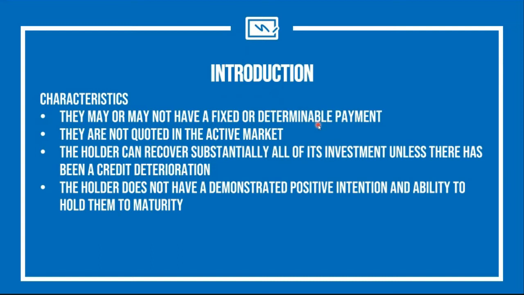So may not is also possible. The fixed or determinable payment may be gone, but still you are recognizing it as a receivable because you are still expecting to receive an amount from that particular receivable.